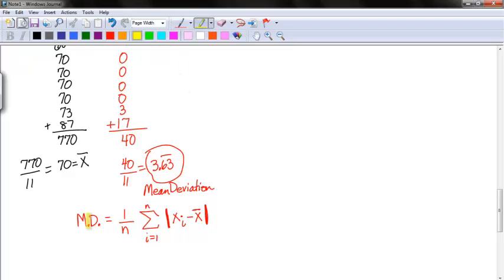So what we just did up above was this. We subtracted the mean, we took the absolute value of it, we added them all up, and then we divided by n. Okay?